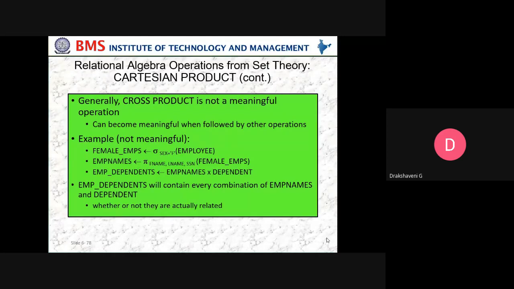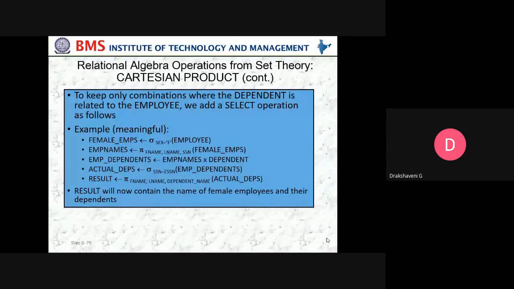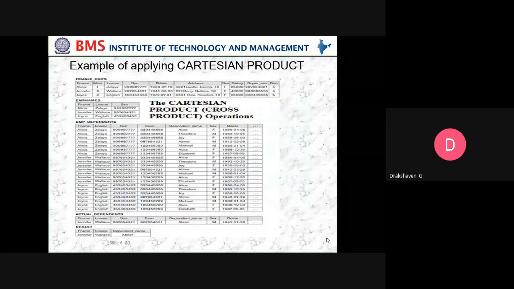Generally, cross product is not a meaningful operation, but it can become meaningful when followed by other operations. For example, in the employee table we take only the females. It is not meaningful when we do this type of Cartesian product on its own. To make it meaningful, this is how we have done it with the Cartesian product, and this is an example for this.